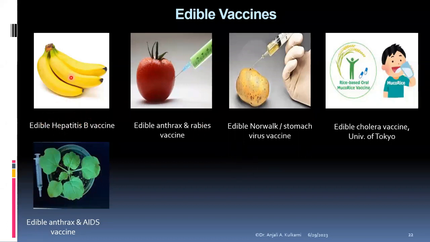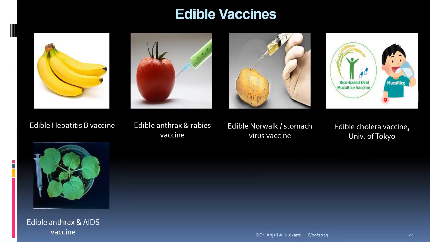So banana is an attractive species to work with because you can eat it raw. For example, if you are wanting expression in cereals, like in rice as it is shown over here, or in maize, you cannot use the grains in their raw format, they need to be cooked.